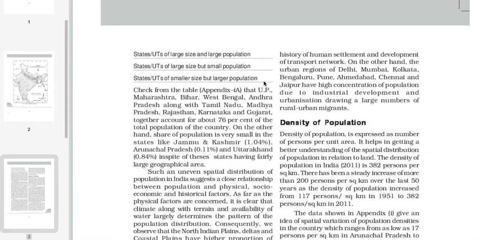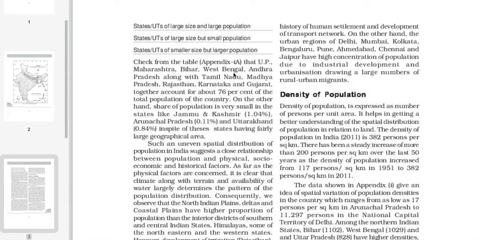So we discuss all these. UP, Maharashtra, Bihar, West Bengal, Andhra Pradesh, along with Tamil Nadu, Madhya Pradesh, Rajasthan, Karnataka, and Gujarat: 76% of the population is living in these states. But on the other hand, a very small population is living in Jammu and Kashmir, only 1.04%.